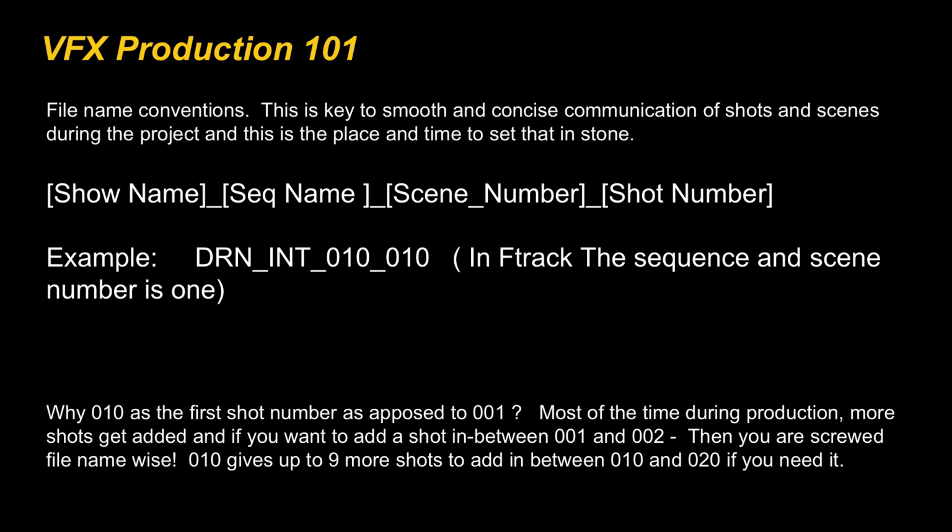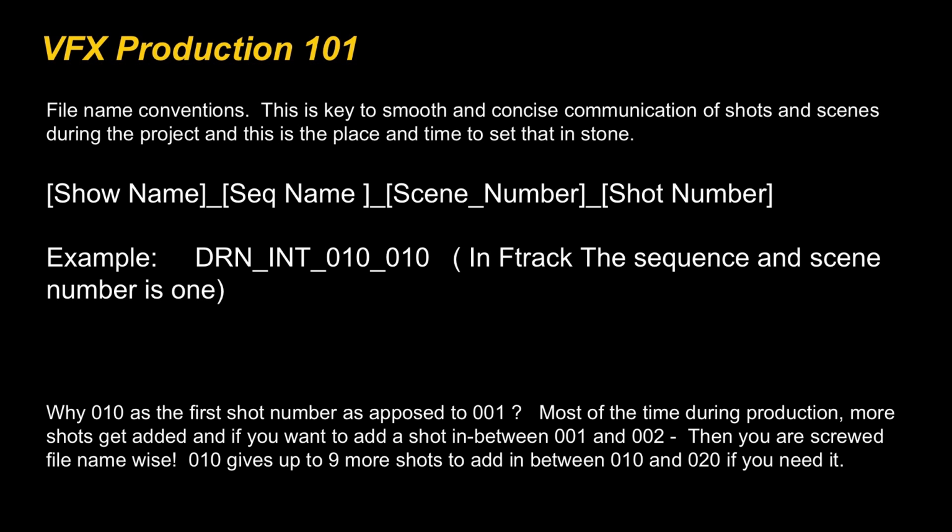So in the example here, you have drone, then you have the interior 10, which is the sequence, and then you have 0010, the shot. I get questions all the time from people asking, why are you setting up your shots starting with shot 10? Why not start with shot 1? Because that's the first shot. As logical as that sounds, most of the time during production, more shots get added.